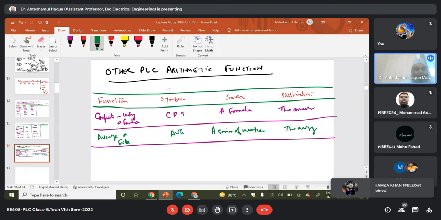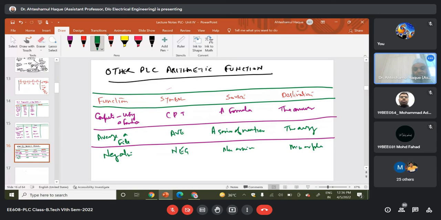So average अगर निकालना है AVE, then अगर किसी नंबर का नेगेटिव करना है, so what you will write is NEG, प्लस और माइनस कुछ भी हो सकता है, और आउटपुट होगा माइनस और प्लस. अगर माइनस है तो वो प्लस हो जाएगा, प्लस है तो माइनस हो जाएगा. इफ यू डू ए नेगेटिव ऑफ एनी नंबर.